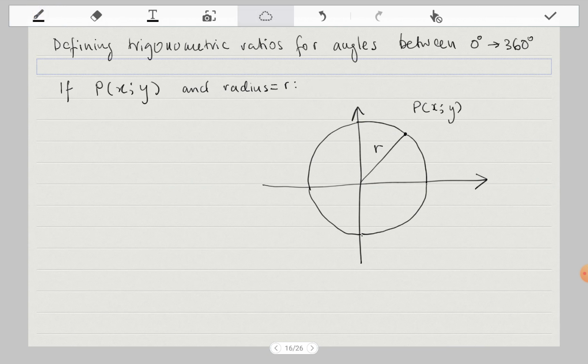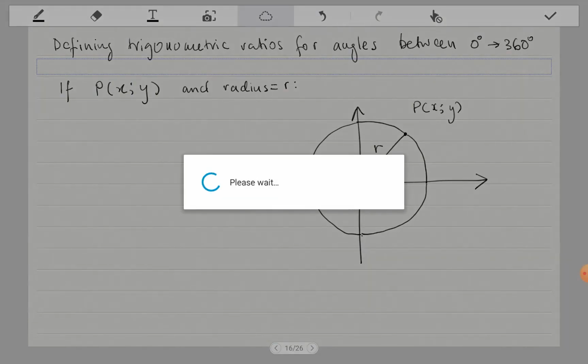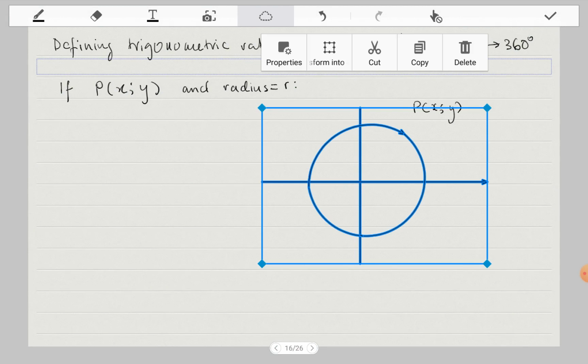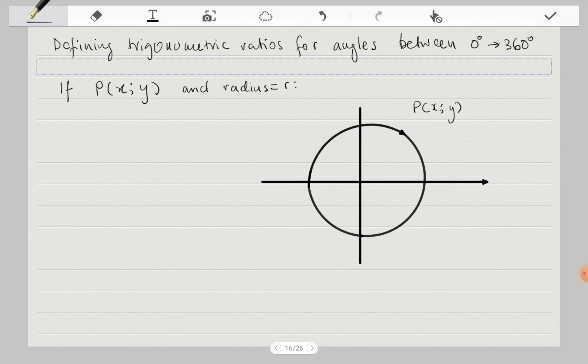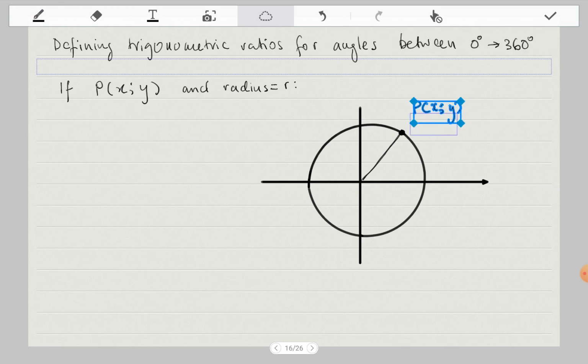Let's see if we can convert this into a refined shape. That looks a bit better. If we draw that point in again, that would be the point P(x, y), and that obviously has a radius of r.